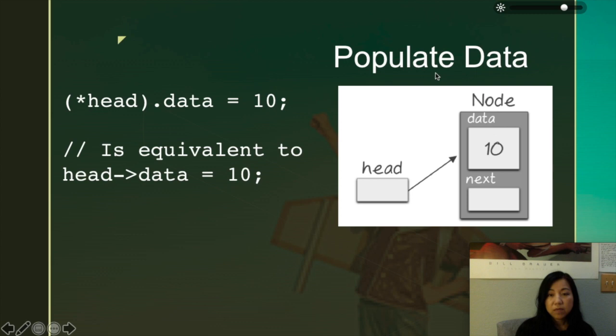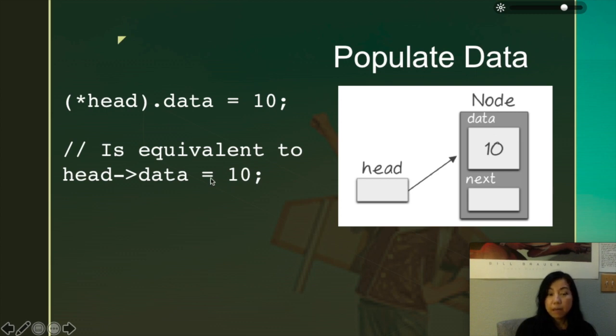Then we can populate the data. There are two ways to populate the data, because to access where head is pointing to and the struct member variable data, you can dereference by using star head, or you can use something like an arrow, a dash and then an arrow to the right.